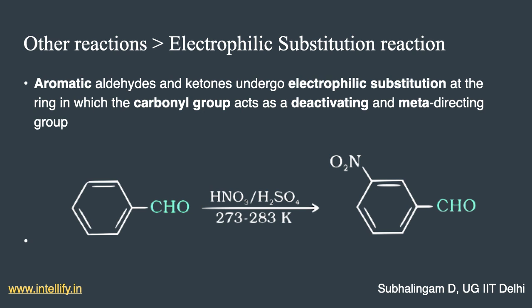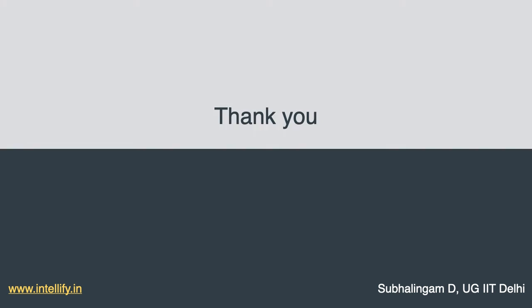So with this, we have come to the end of this video. To summarize, we started off with nucleophilic addition reactions, which had reactions like addition of HCN, NaHSO3, Grignard reagent, alcohols, and ammonia and its derivatives. Then we studied reduction reactions of carbonyl compounds.